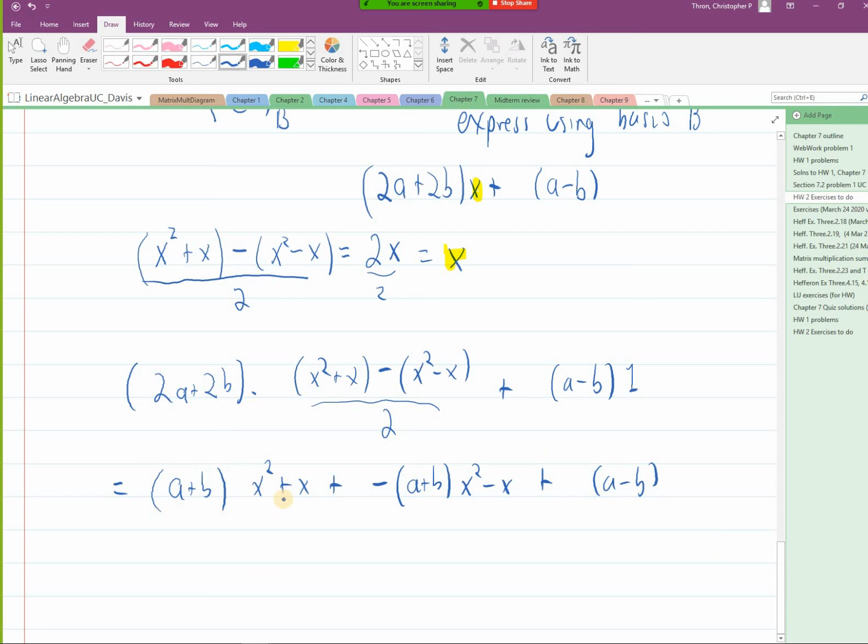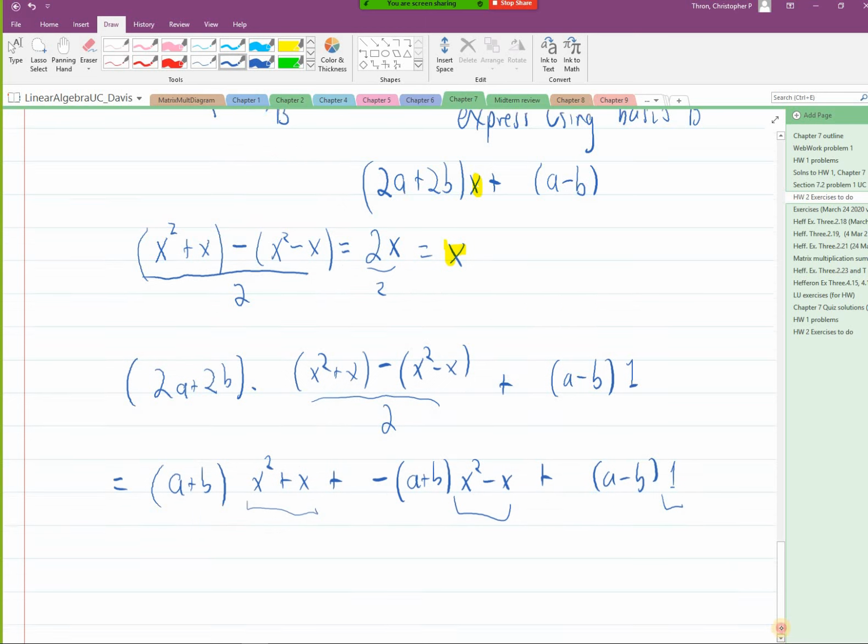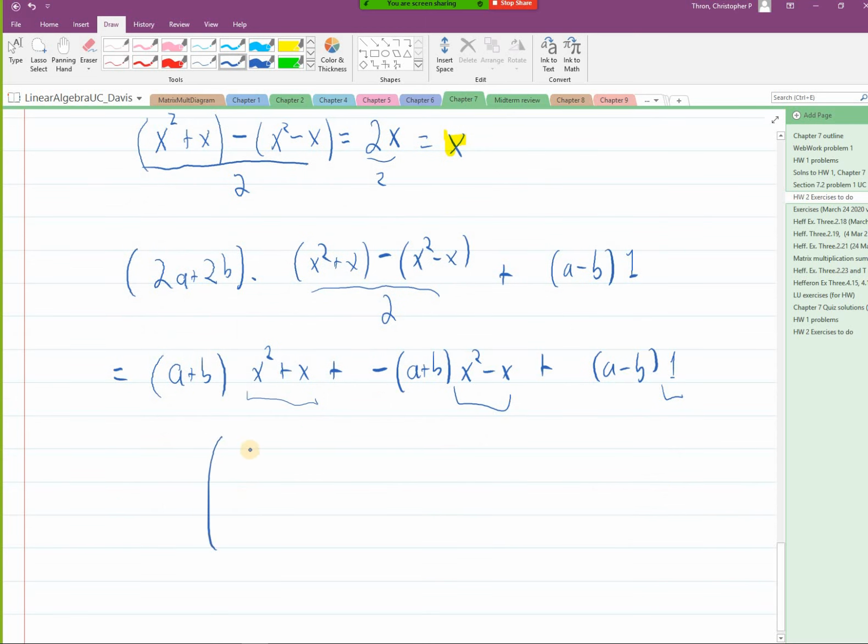Now notice I have my three basis vectors: basis vector 1, basis vector 2, basis vector 3. So this is equal to a plus b, negative a plus b, and a minus b in my basis.